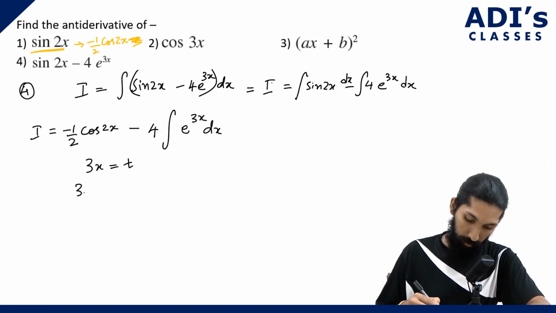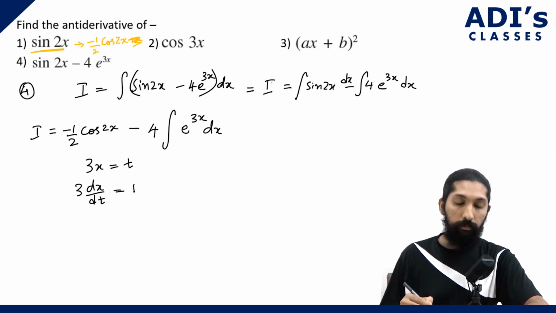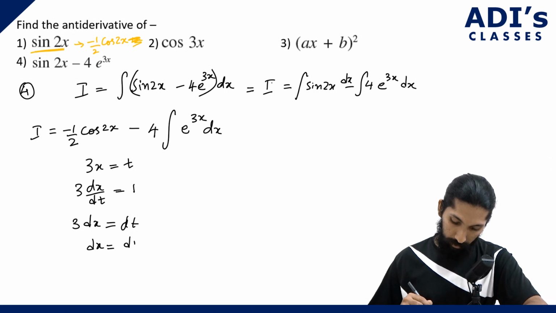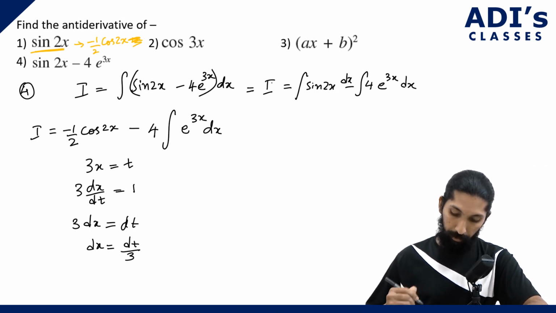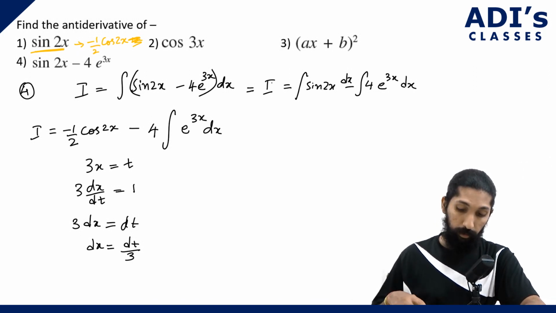Now you'll get 3 times dx by dt is equal to 1. Take the dt, you'll get 3 dx is equal to dt, or dx is equal to dt divided by 3.